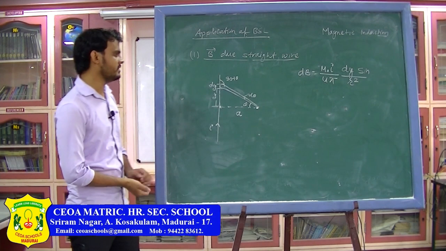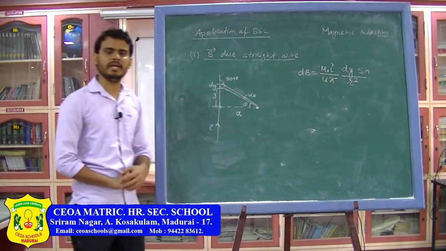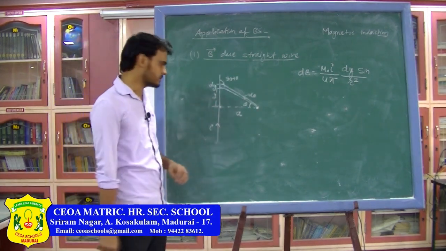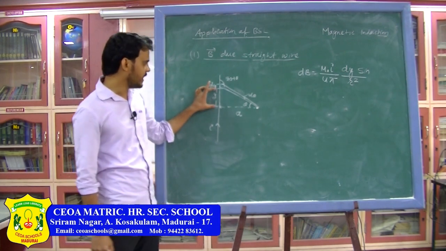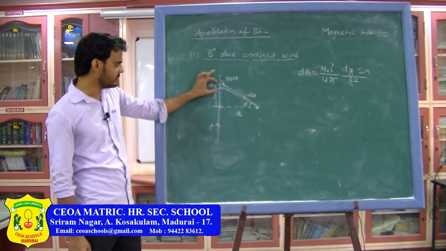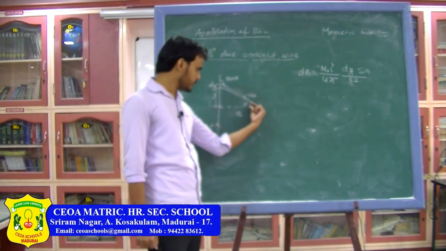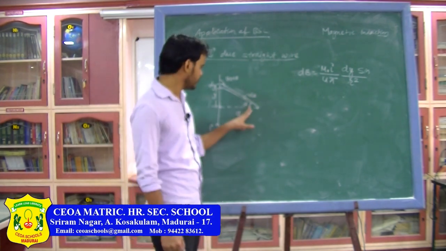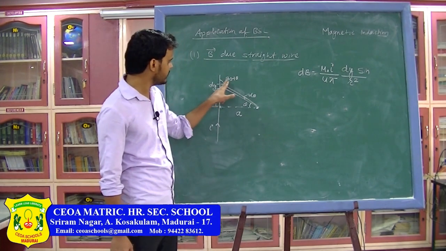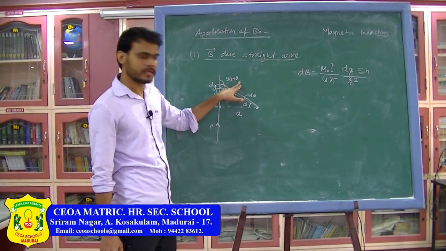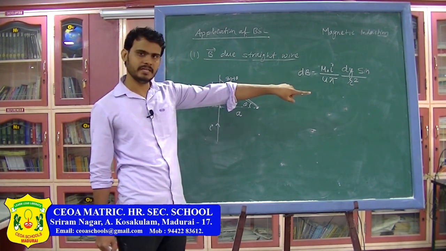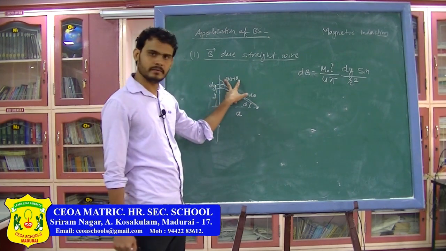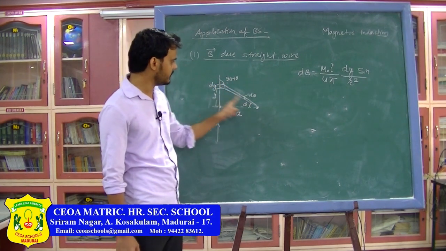I hope you remember integration and differentiation, how we take the elements and how we do the integration. Here I have taken, at a y distance, an element dy, and from this point I have taken, at angle theta, a very small element which is d theta. Here this angle is theta, so this angle will be 90 plus theta. When you write sin theta, your theta is the angle between the current element and the position vector.